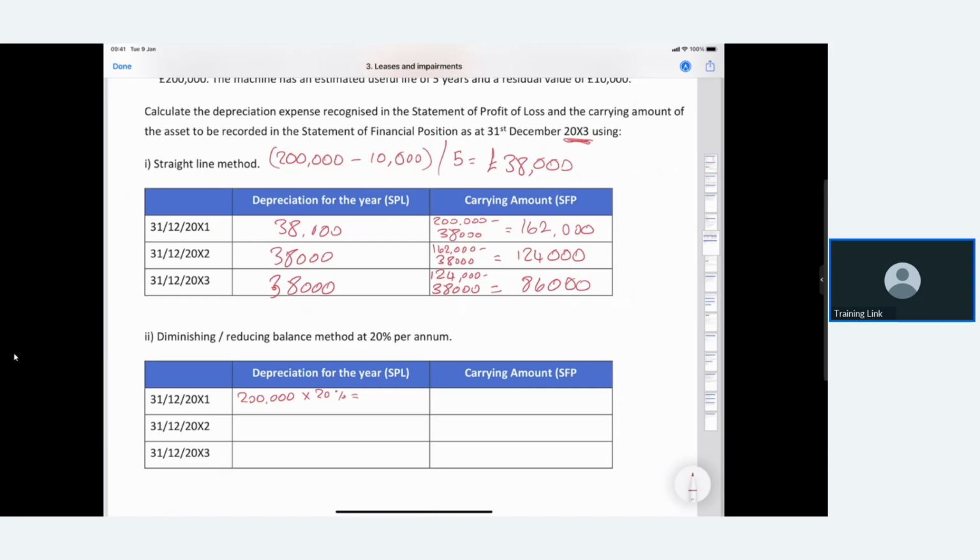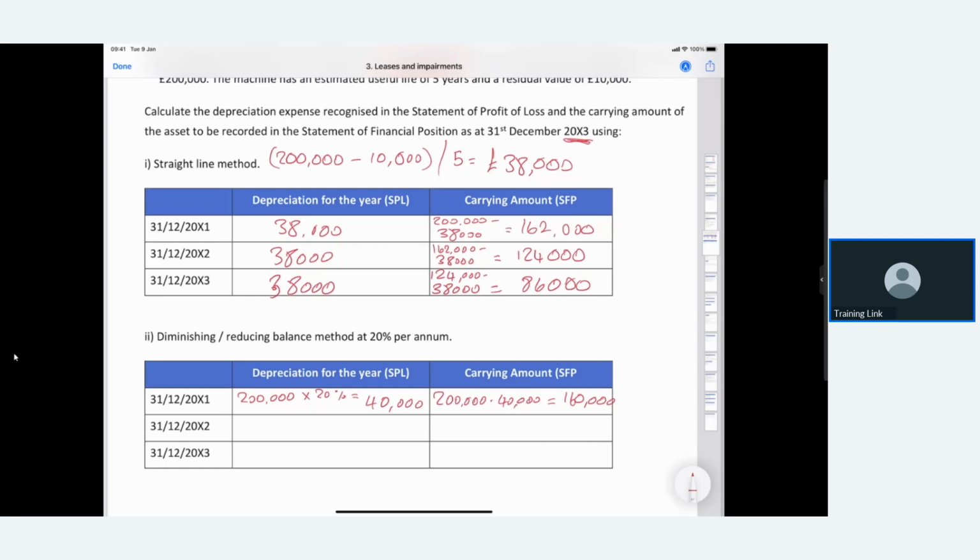The depreciation for that year would be 40,000. And the carrying amount would therefore be 200 less 40 equals 160. Now remember, under the diminishing balance, we would expect the depreciation to be higher at the start, and then it will gradually lower over time.